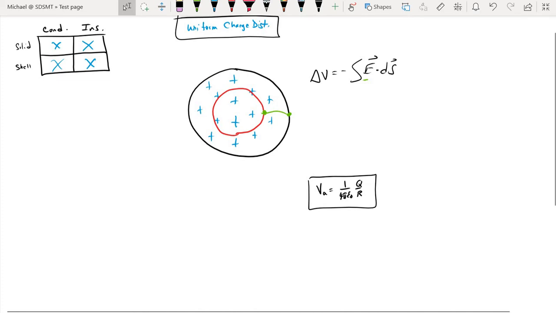And the best way that we could probably do this would be to break this up into two different case scenarios.